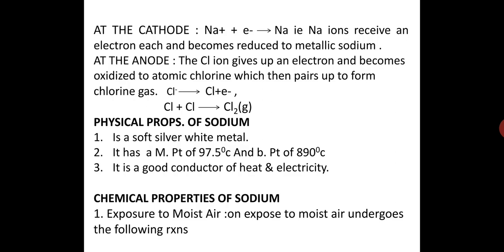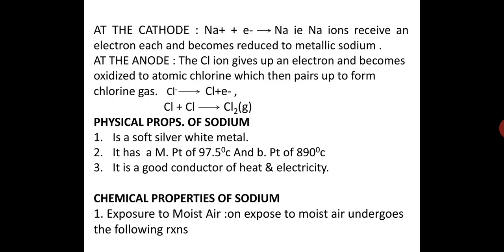The sodium ion receives an electron each and becomes reduced to metallic sodium. At the anode, the chloride ion gives up an electron and becomes oxidized to atomic chlorine, which then pairs up to form chlorine gas. You see the equation below.